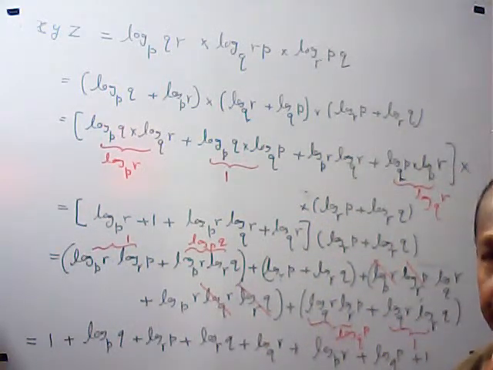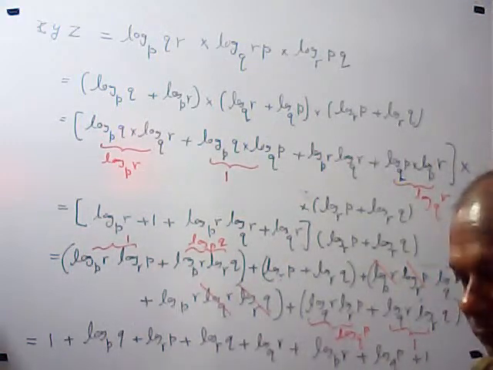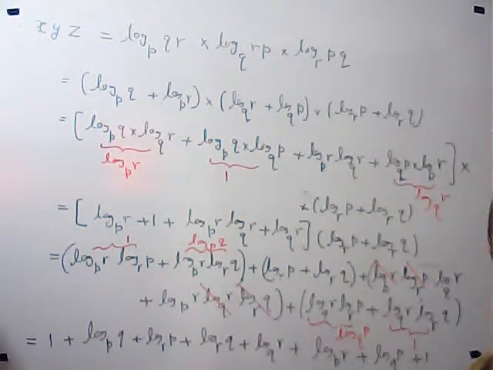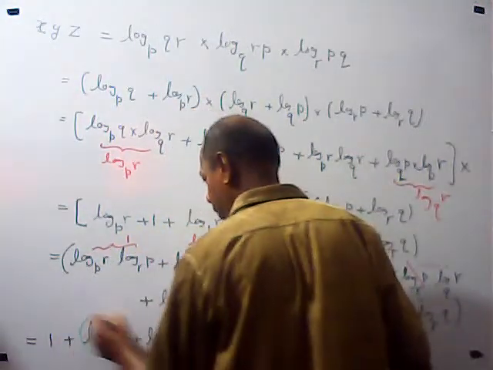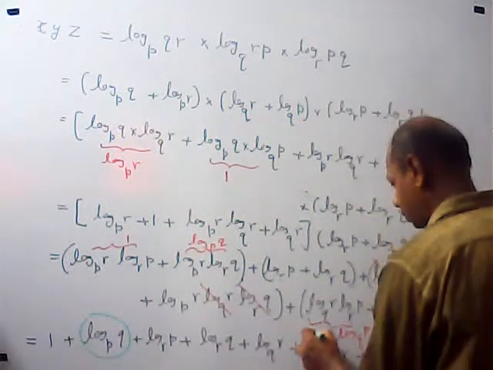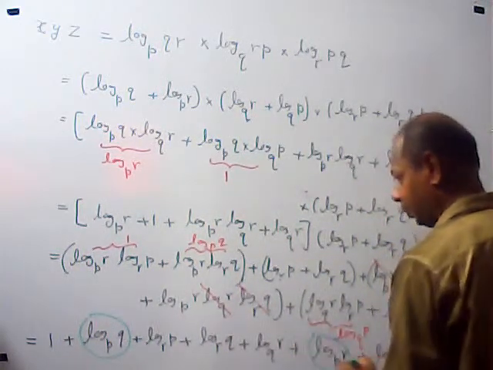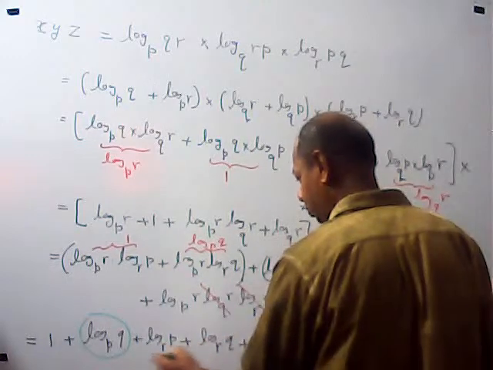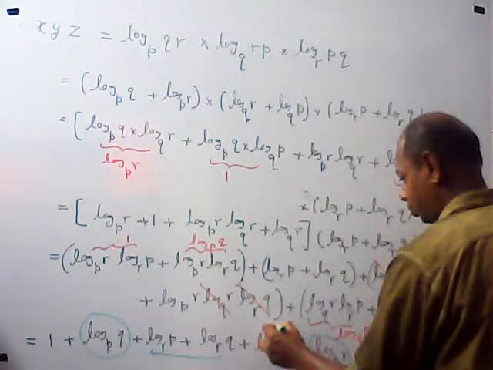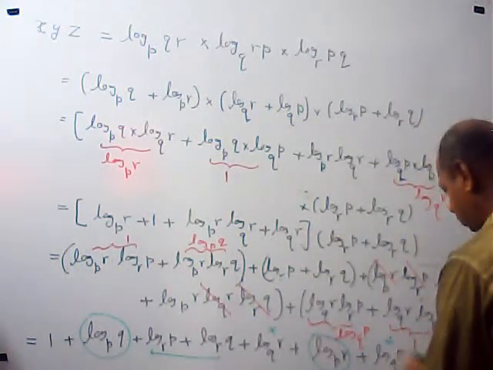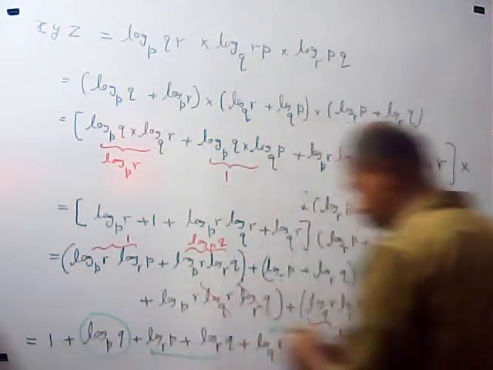Now we are almost there. Finally, I'll take the terms with the same base closer. With base P, we have this and this. With base R, we have these two, and these two with base Q, and finally 1 plus 1, we have 2.